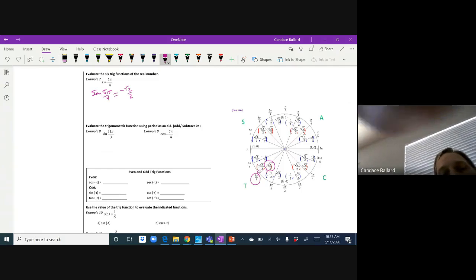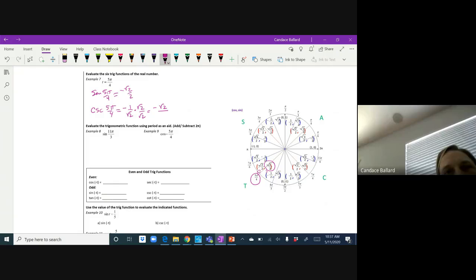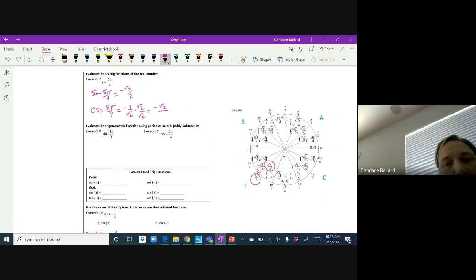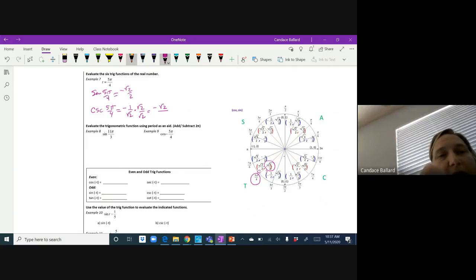What I will typically do is go ahead and do its reciprocal at the same time. So I'm going to do the cosecant of 5 pi over 4, which I do need to flip, and you're going to see patterns really quickly on this. I have to rationalize it. So that means I now have negative square root of 2 over... I didn't put my 2 on the top, did I?